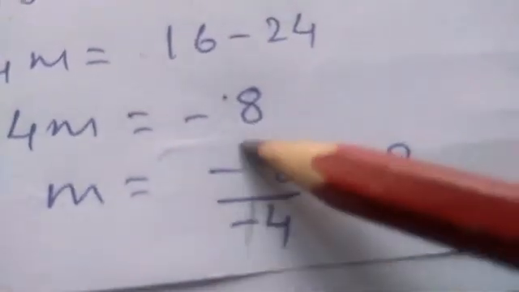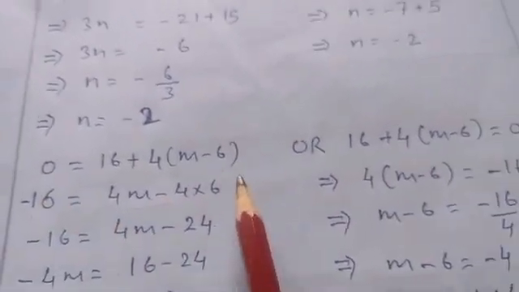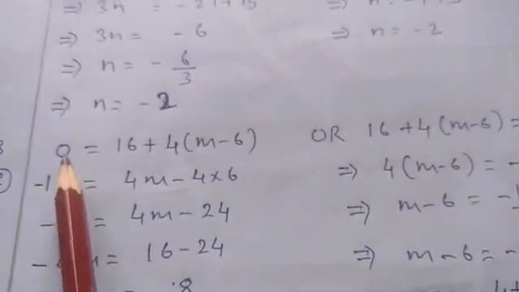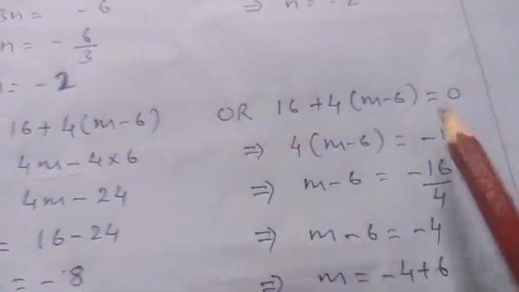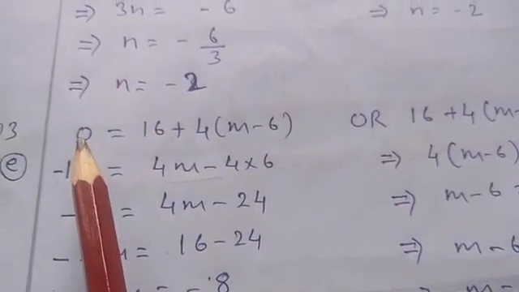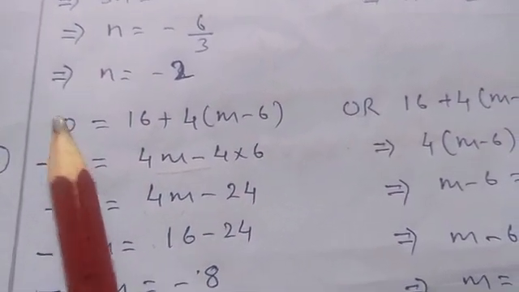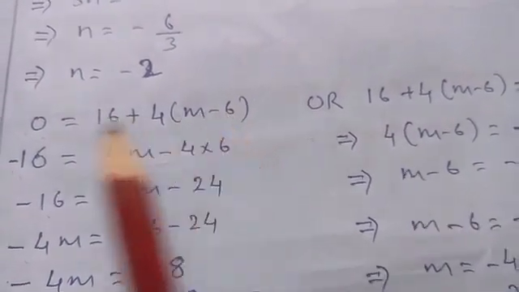Okay, I think this is very clear. We can do the same question in a different way. Now see here, the question is the same, but what I have done, I have brought this 0 this side and this one I brought this side. I did not change the sign because I have shifted the whole thing to the left hand side, and 0 I have shifted to the right hand side.